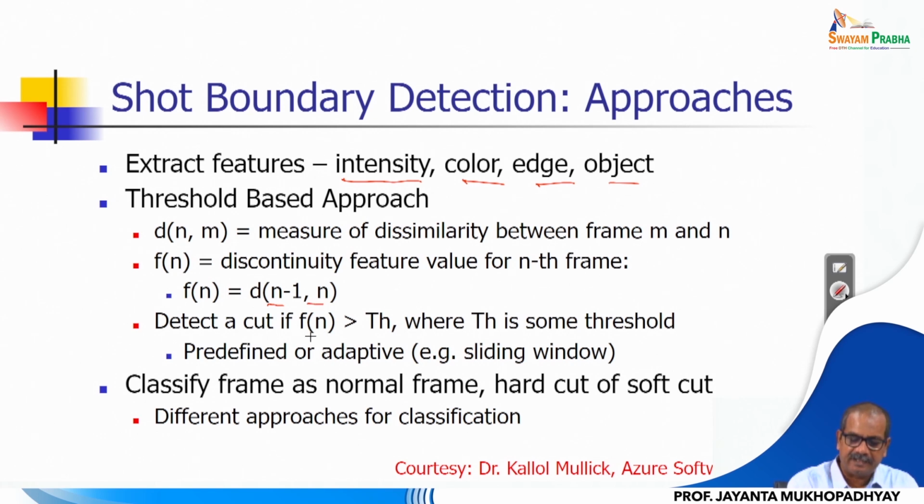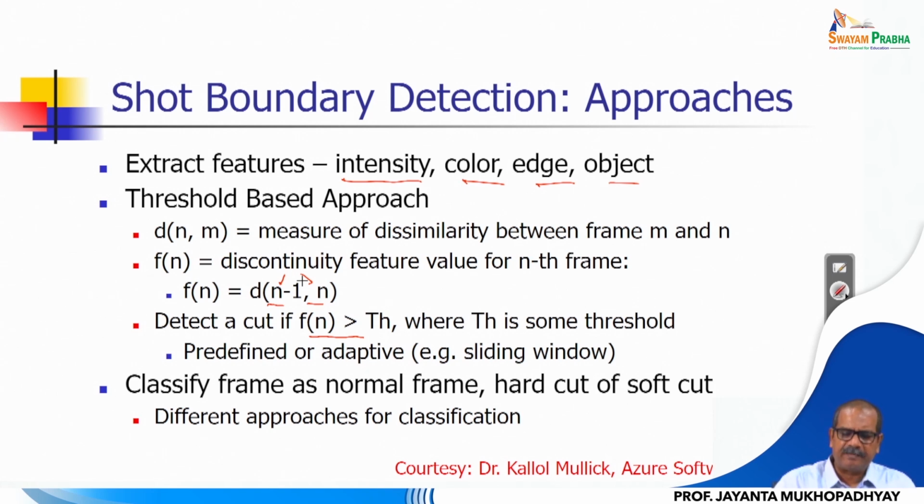If it is greater than a certain threshold, then we say that this frame is a transition frame, and these pairs of frames, where the distance is quite high and significant, define a shot transition. Now, depending upon the threshold value, a sequence of consecutive pairs will give you a shot boundary for a soft cut.